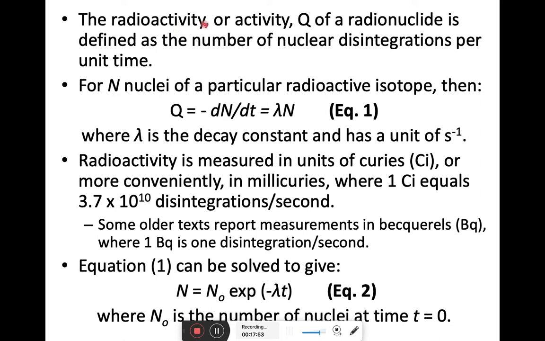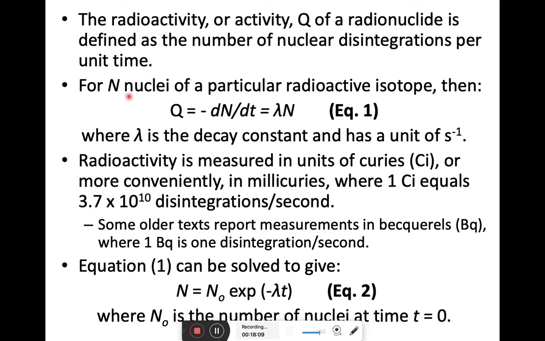The radioactivity, or activity, labeled as Q, of the radionuclide can be defined as the number of nuclear disintegrations per unit time.